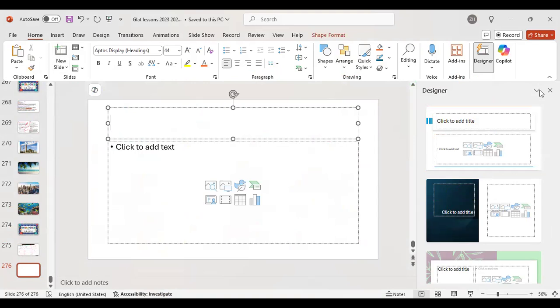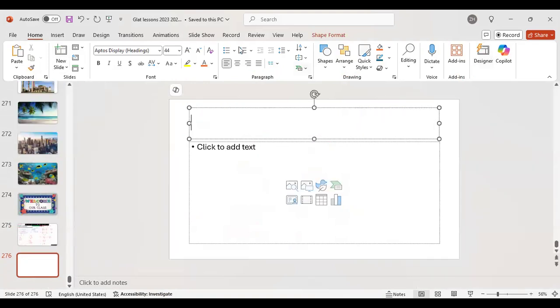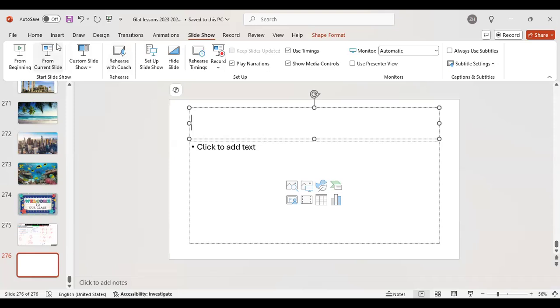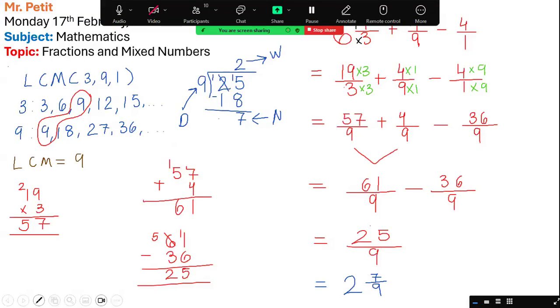So the last time we did the question, it was 6 and 1/3 plus 4/9 minus 4/1. So let's go ahead and do this one.